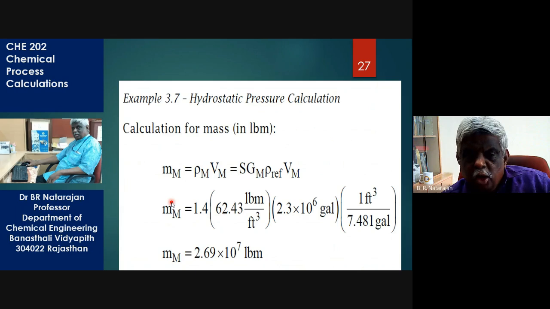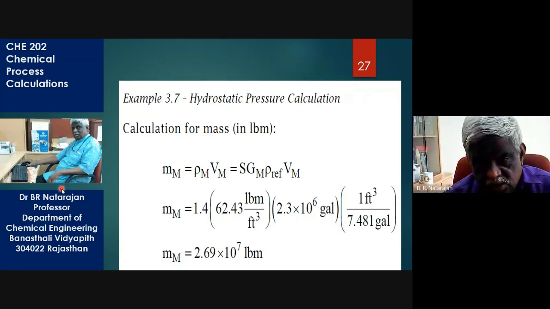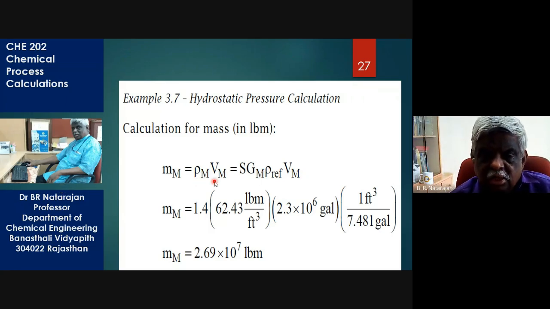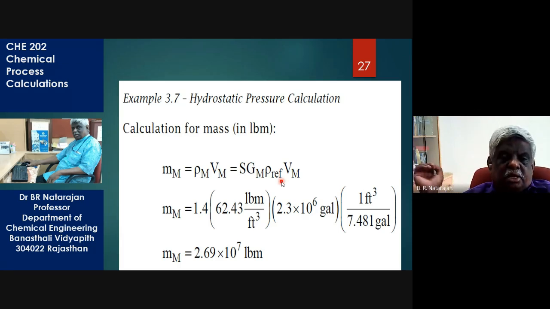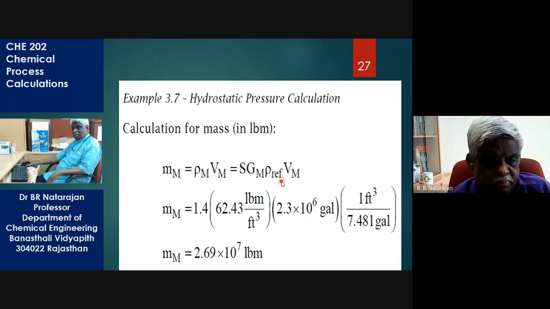Remember, mass by volume is density. So mass of molasses will be density of molasses into the volume of molasses. So the definition of density is mass of molasses by volume of molasses. And density is the same as specific gravity of molasses into density of reference, multiplied by Vm. So we are substituting the density of molasses by SG_m times the reference density. So nothing is given, it is water.